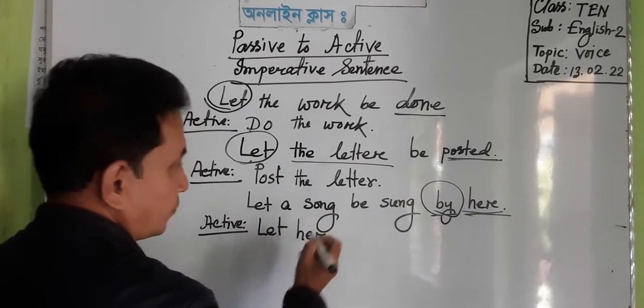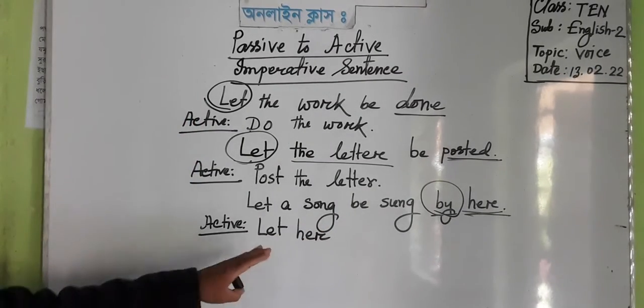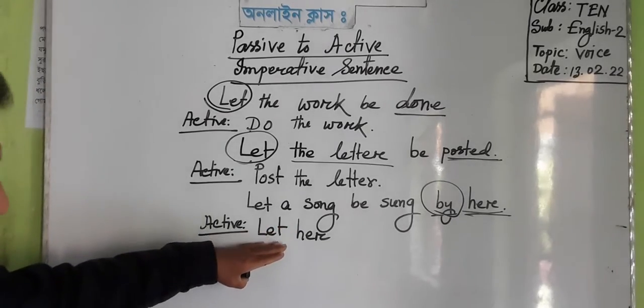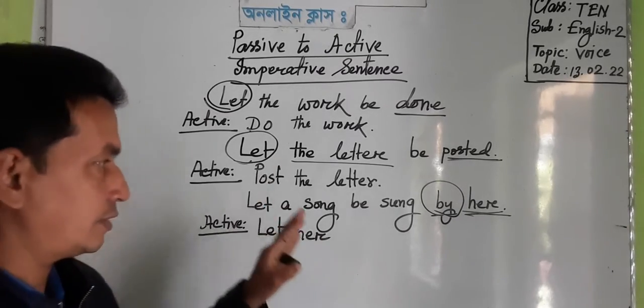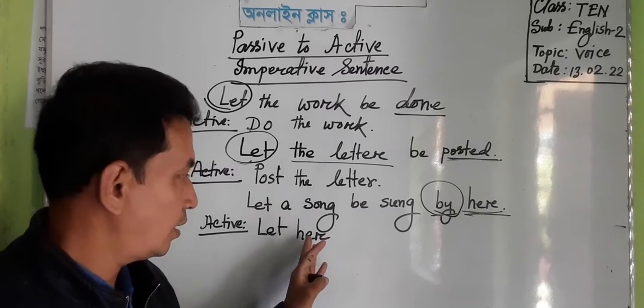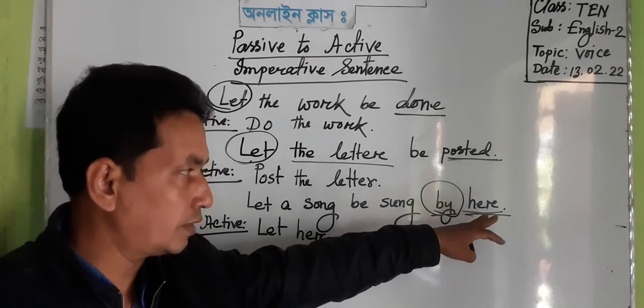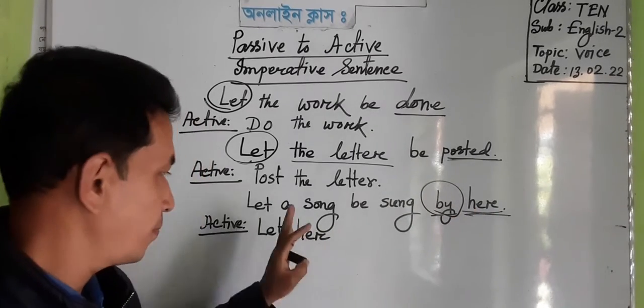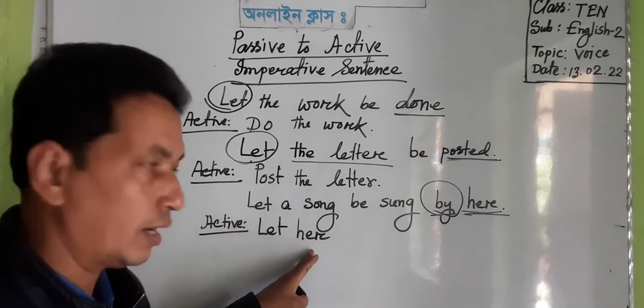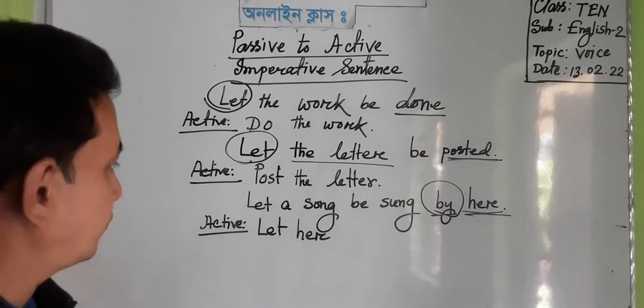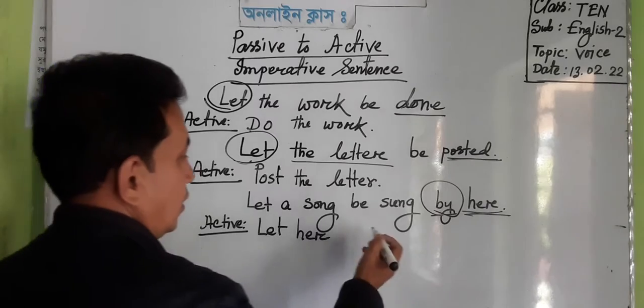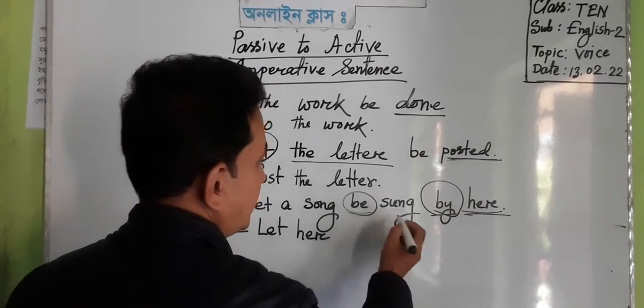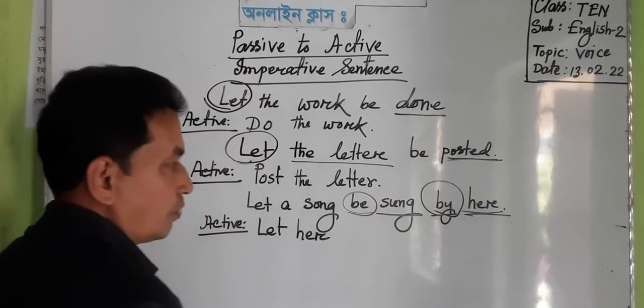let her. Okay, dear students, at first we have to write let, and then write the object, and we know that her is the object and its objective form is the same, so we should write her, and then be will be omitted, and its present form is sing.